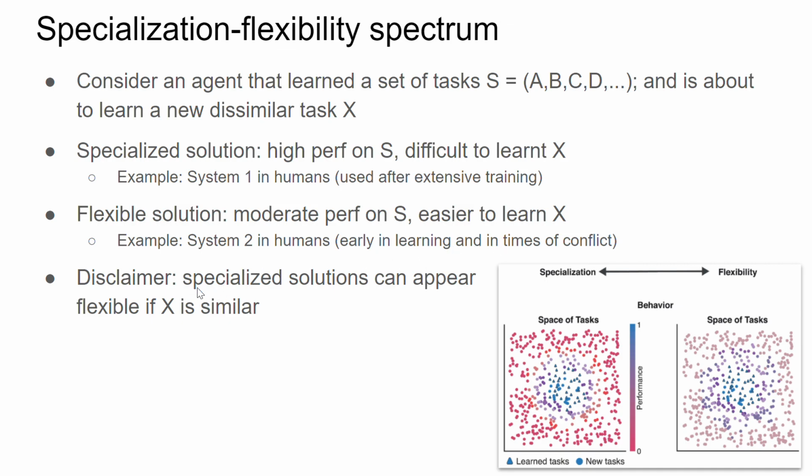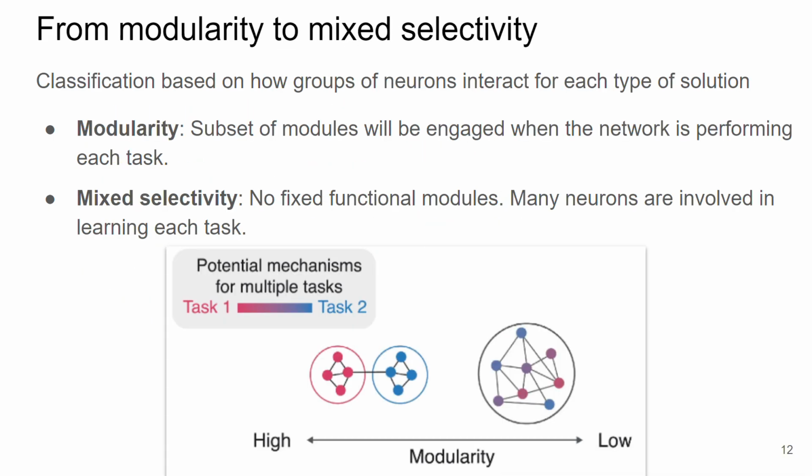They also mention a disclaimer that specialized solutions can sometimes appear flexible if X is similar to all of the tasks that it is trained on, not just any of these tasks. Another classification can be made based on how groups of neurons interact for each solution.